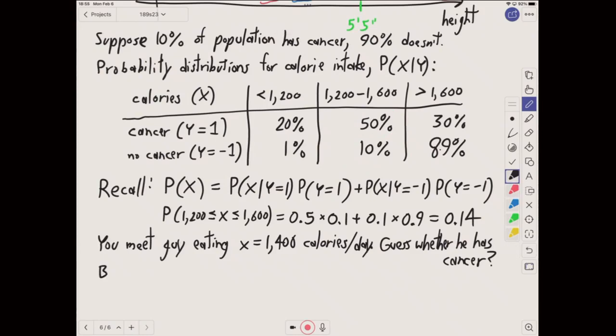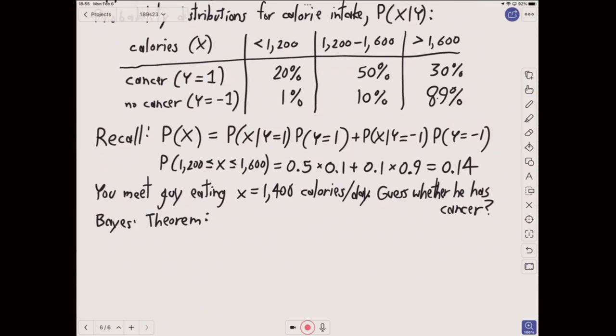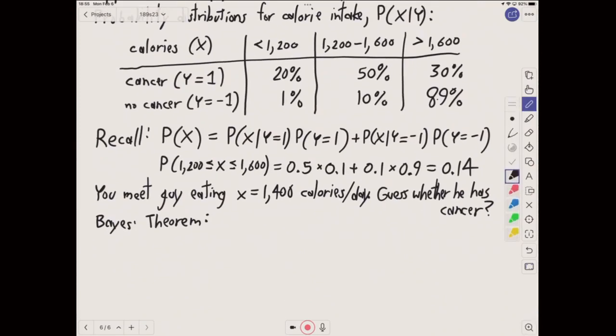So Bayes' theorem is a way to massage this data to take into account the fact that you are just much more likely to not have cancer than to have cancer. And so the probabilities that we really want to know are, first of all, the probability of having cancer conditioned on eating a specific number of calories. Just a reminder, this is sometimes called the posterior probability in Bayes' theorem.